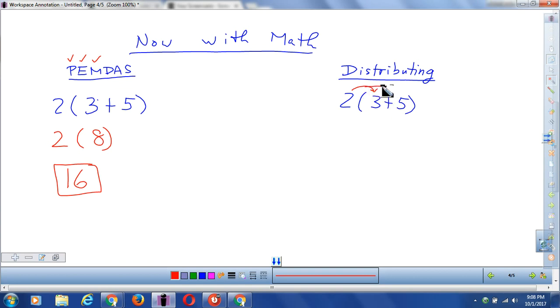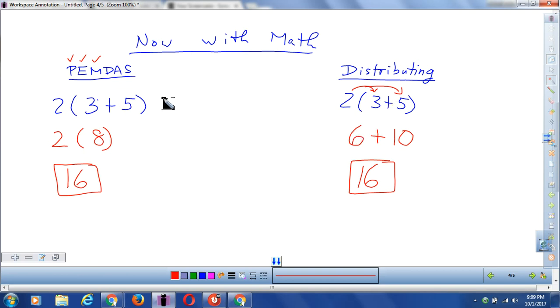So 2 times 3, and also 2 times positive 5. 2 times 3 is 6. And positive make positive. And 2 times 5 is 10. And you can see that in the end, I get the same exact answer. This is very useful when we do algebra.